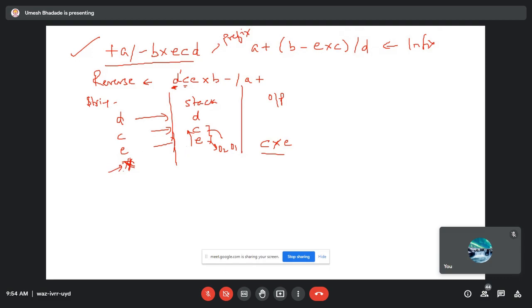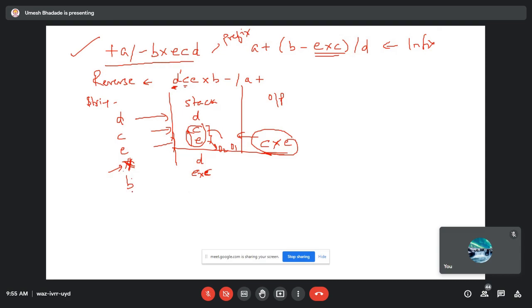We encountered star, so we pop the two operands and perform multiplication, and first we get E into C. Then you put this answer back onto the stack. So on the top of the stack, D was there, and now E into C is there.